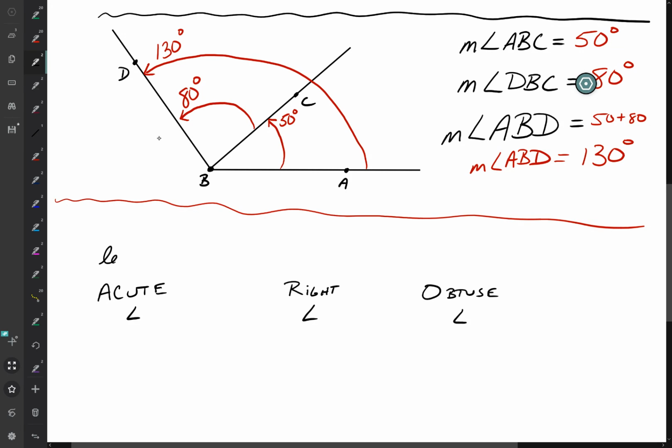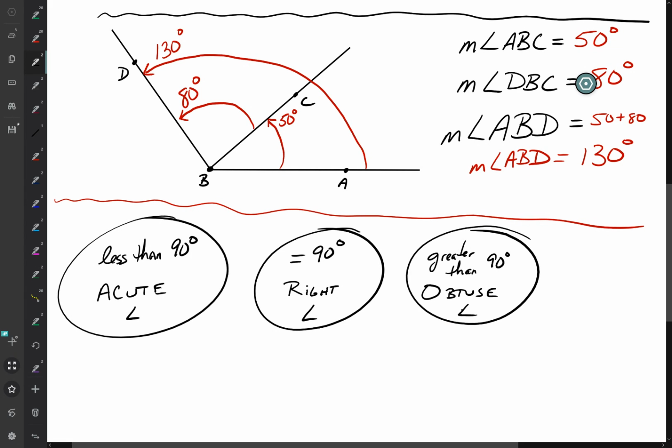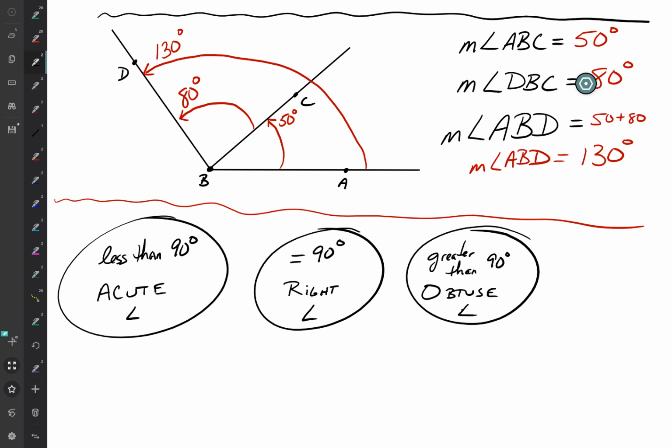Smaller than 90 degrees, less than 90 degrees. What's a right angle? Equal to 90 degrees. What's an obtuse angle? Larger, greater than 90 degrees. And by the way, instead of writing the word angle out, what do you see me think I'm going to put all the time? That little angle sign.